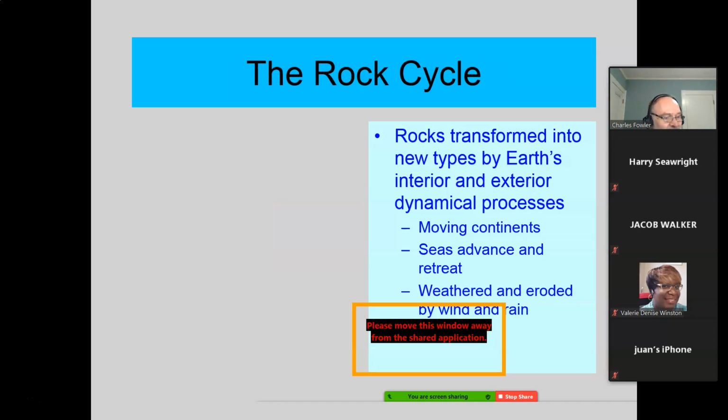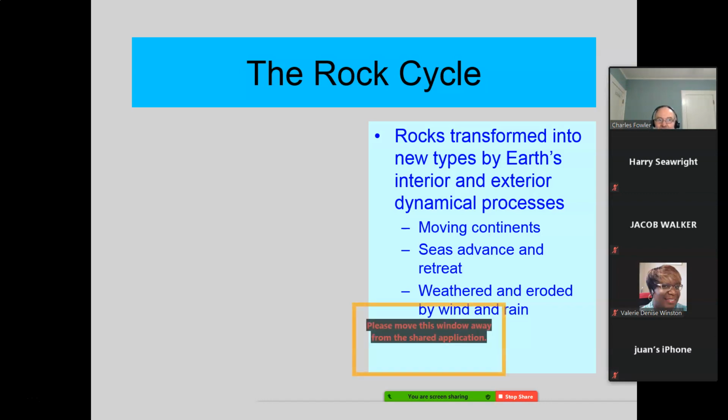So now we move into 17.5, which is the rock cycle. Okay? Get used to this concept. Nothing ever stays the same. Now, it seems like it does, but it really doesn't. Everything is always changing.